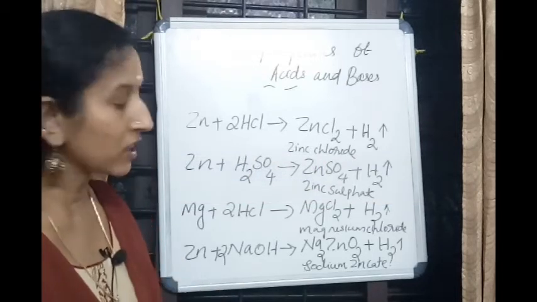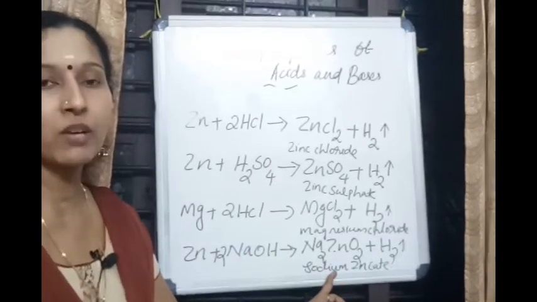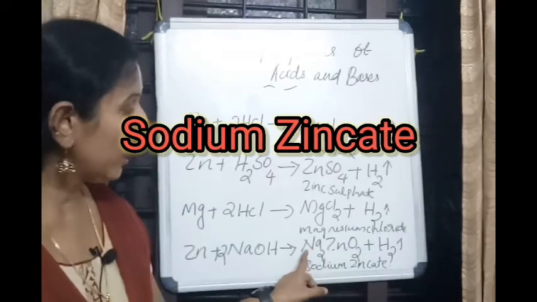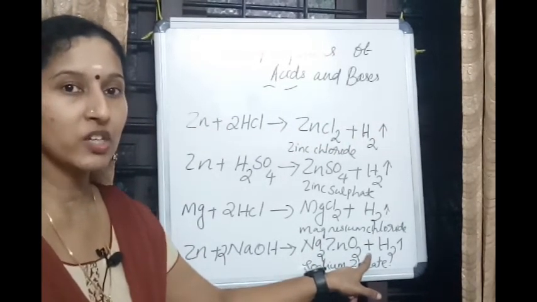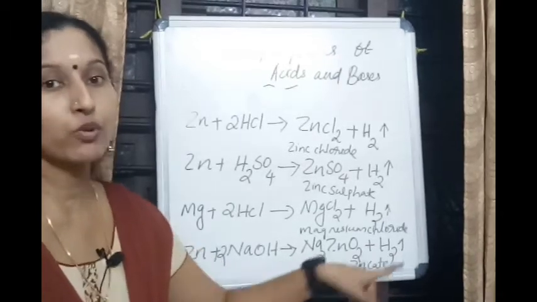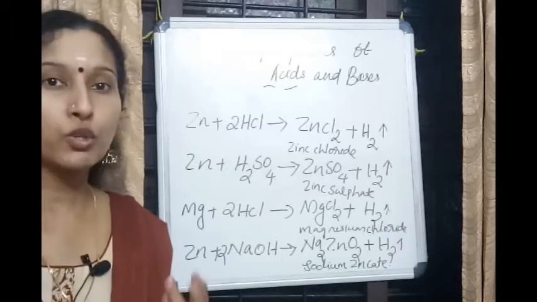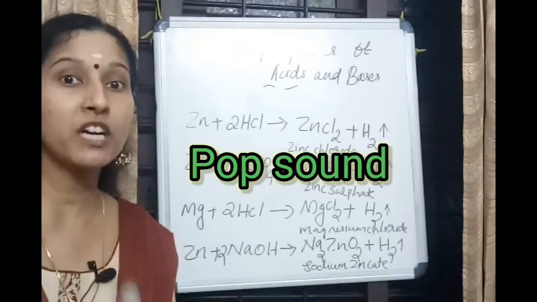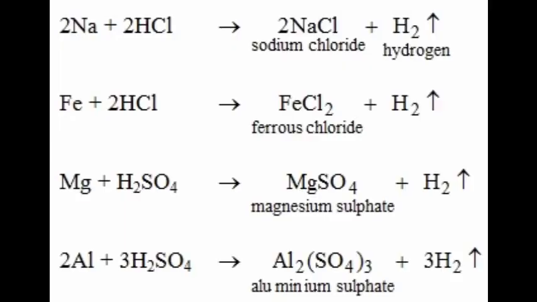That product is sodium zincate, and the molecular formula is Na2ZnO2. Which gas evolves from the reaction? Hydrogen. And how to test the presence of hydrogen? Show the matchstick near the mouth of the test tube. If it burns with a pop sound, that indicates the presence of hydrogen gas.